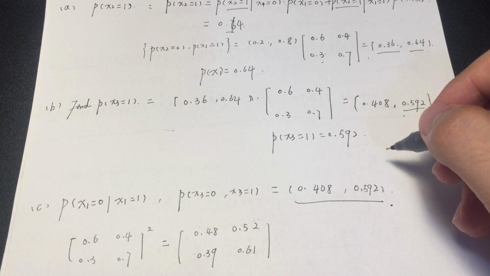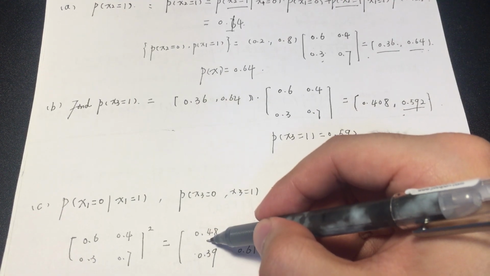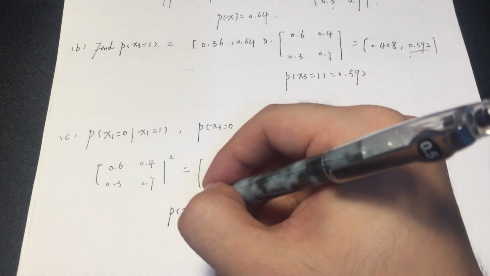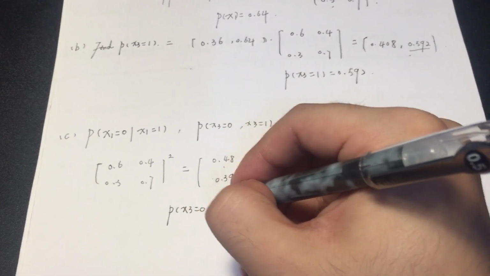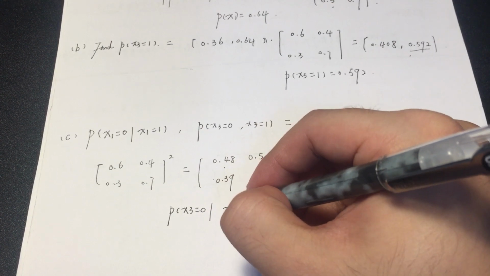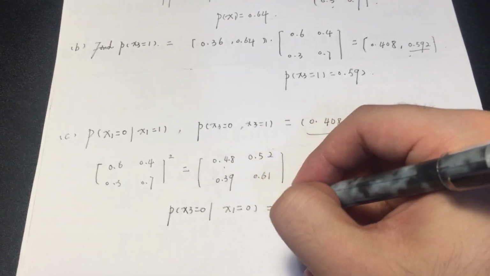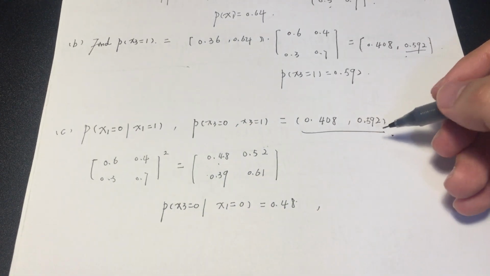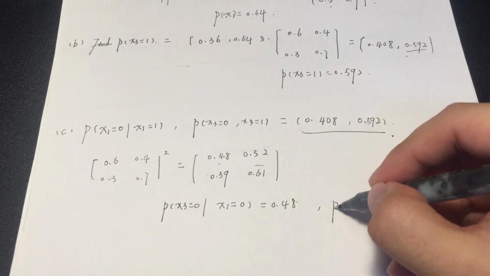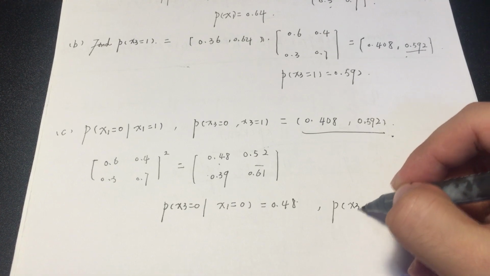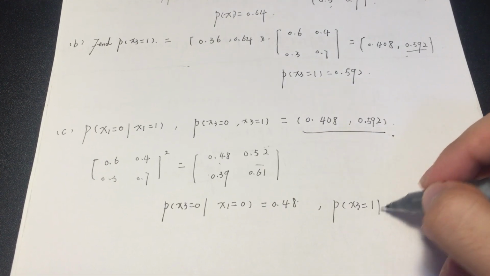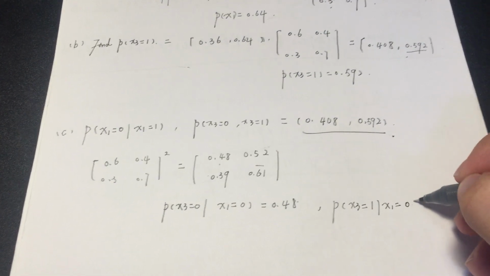This is the conditional probability P(x3 = 0 | x1 = 0). This is P(x3 = 1 | x1 = 0).